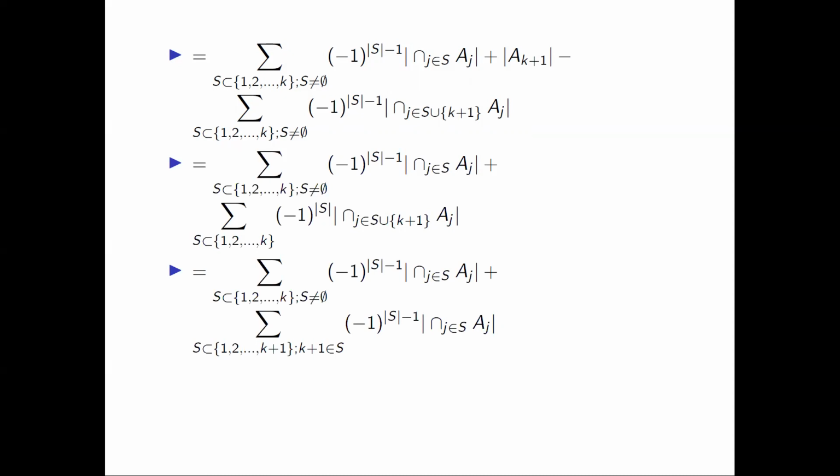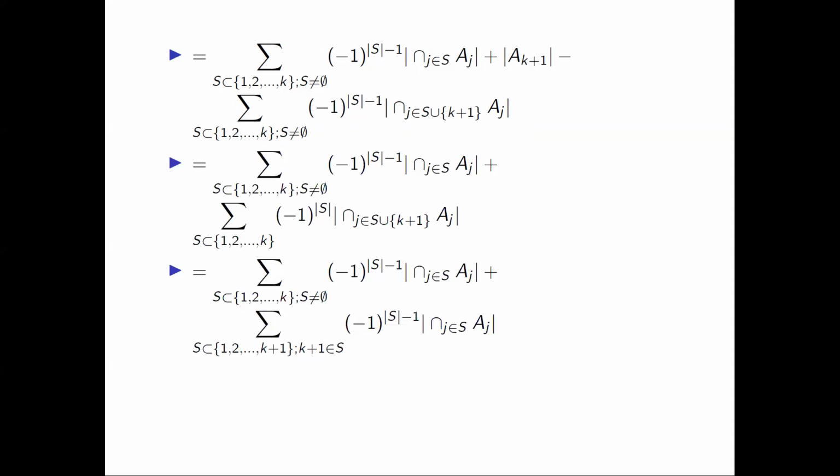We'll also require that k plus 1 is an element of S. So we're taking what we were previously considering the subsets S, and we're now renaming them so that S includes the k plus 1.